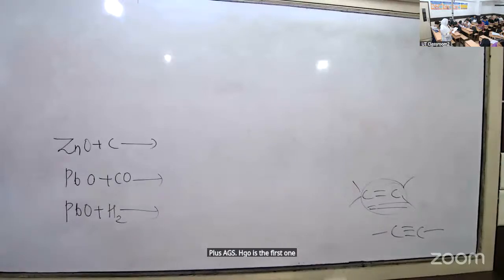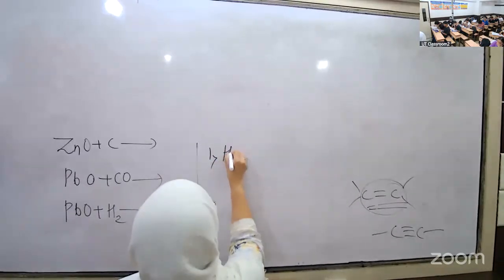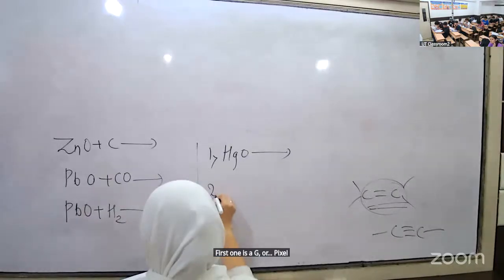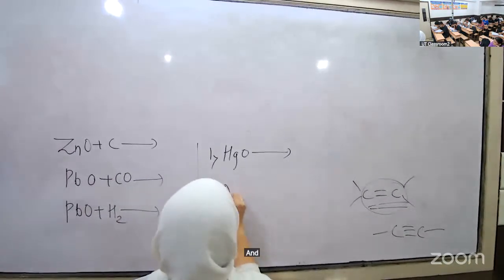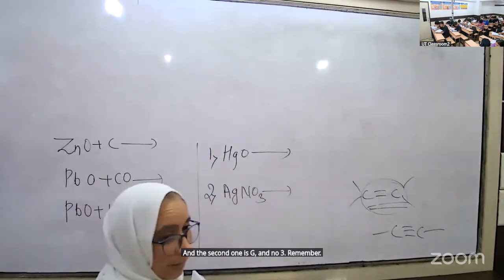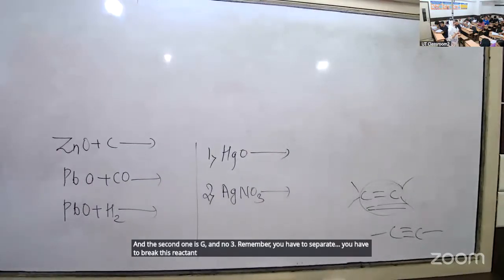First one is HgO, and second one is AgNO3. Balance properly. Remember, you have to break this compound and separate the metal part.